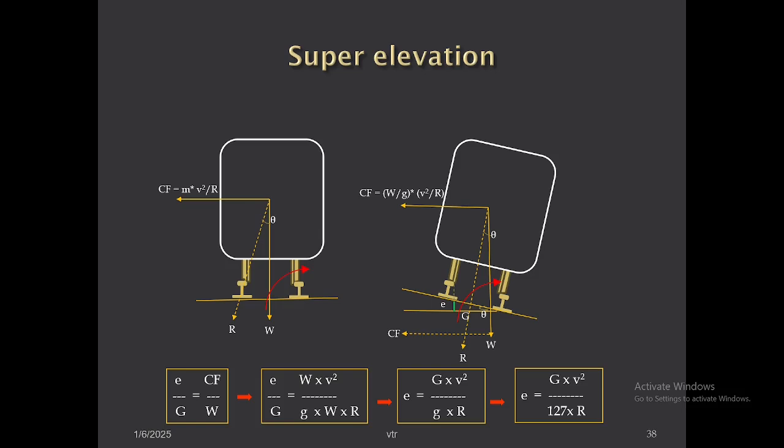We have to raise the outer rail by an amount equal to the cant, or superelevation. How much, we have to study here. Here, this is the centrifugal force, this is the weight of the body, this is the resultant force. We are making it fall exactly in the middle of the base.